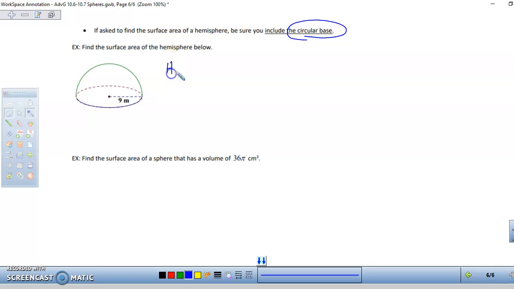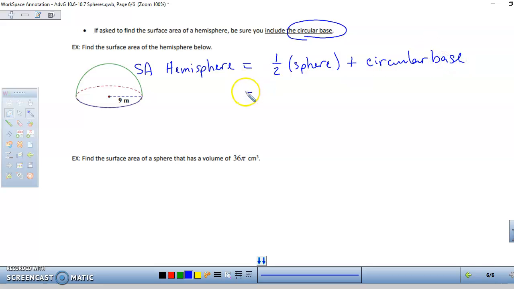Okay, so for a hemisphere, you can think of this, and sorry, this is for surface area, as half the sphere, but then you have to add on that circular base. So hemisphere surface area, because you can pick it up and touch the base, is going to be 2 pi r squared for this, plus another pi r squared.